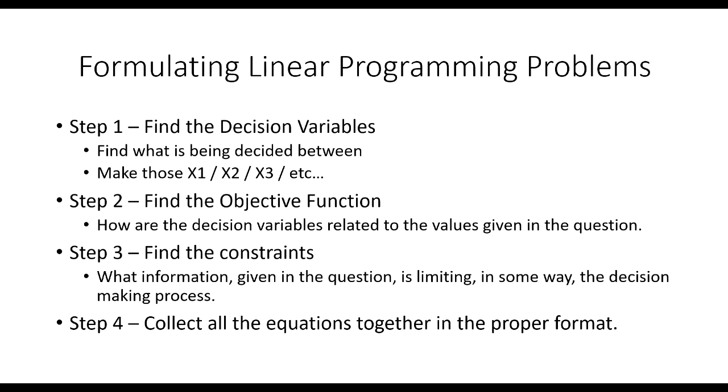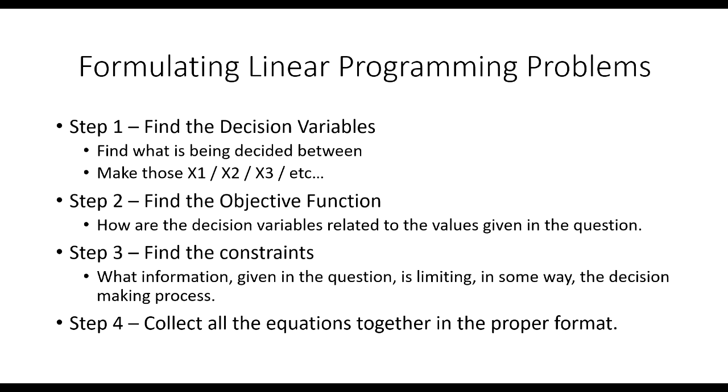If we're in a situation where we're deciding upon maybe a menu, what to eat on a given day, maybe we're deciding between hamburgers and chicken. That too is a decision variable. That's also something that we're deciding upon. So whenever we look at the problem, the first step is deciding what we are deciding in this question.